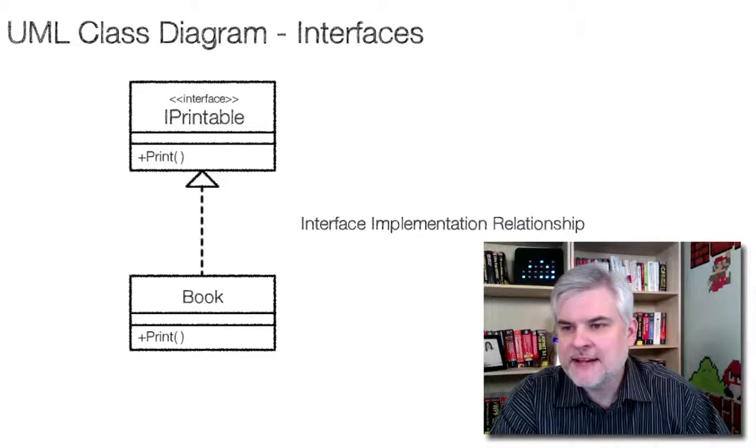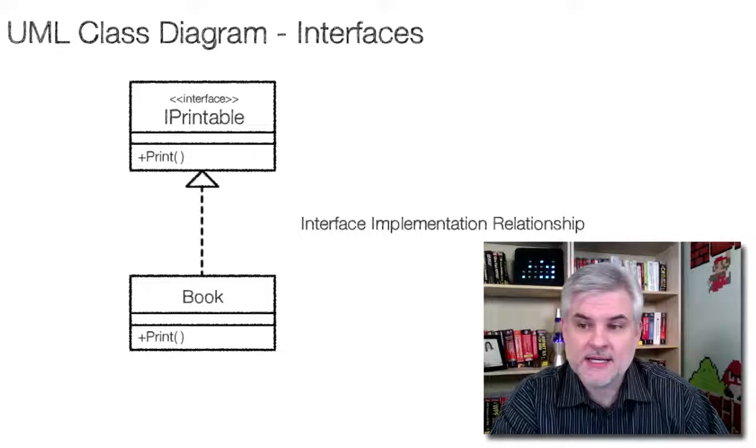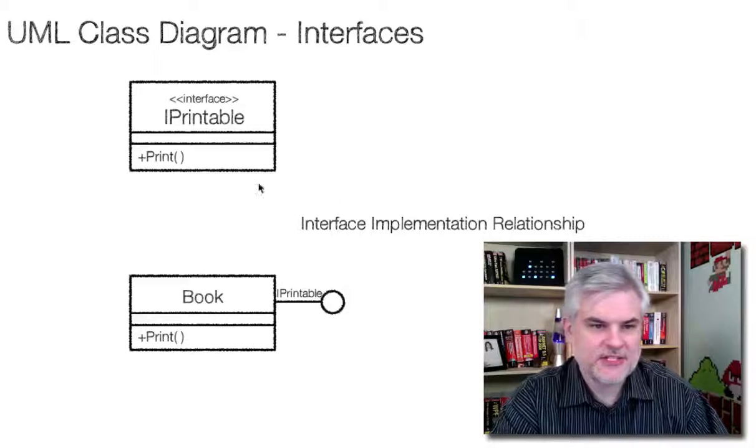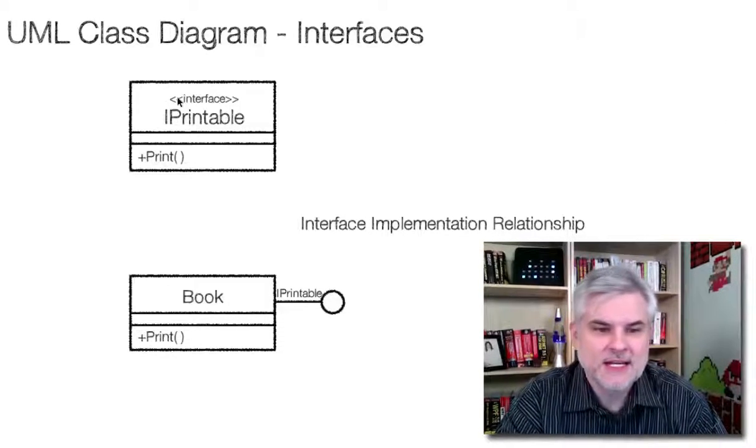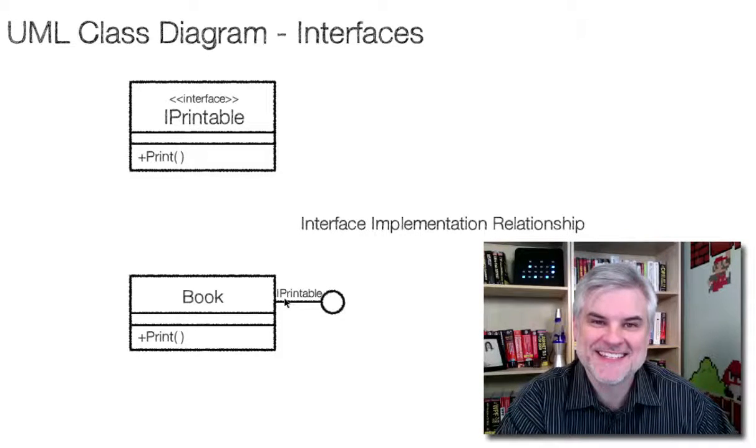Finally, there is one other way to demonstrate the implementation of an interface. In this particular case, you can still see that the interface is defined using the double bracket syntax. However, in this example, Book is implementing that interface through the use of this little lollipop off to the side.